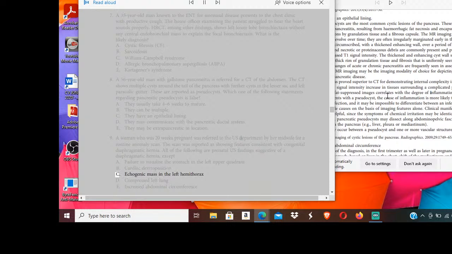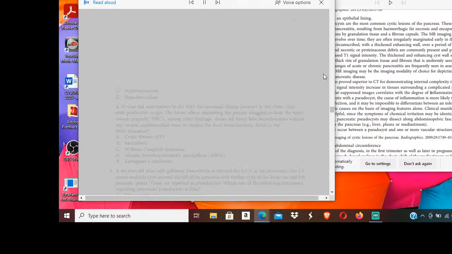B. Cardiac dextroposition. C. Echogenic mass in the left hemithorax. D. Compressed left lung. E. Increased abdominal circumference.